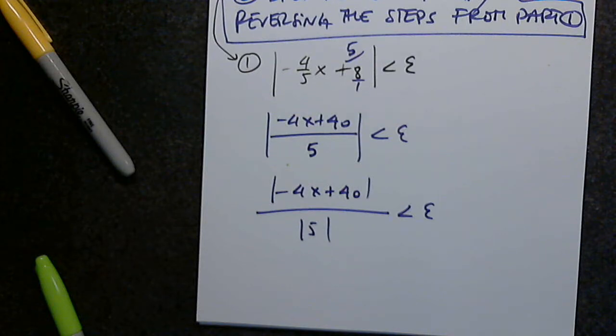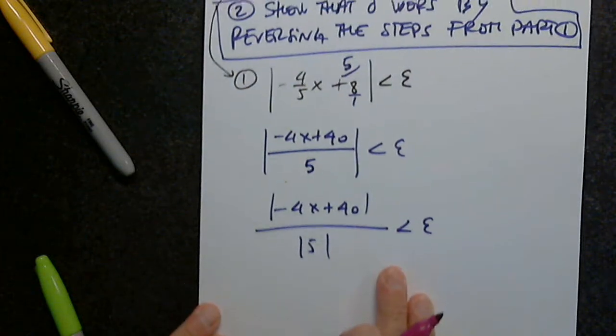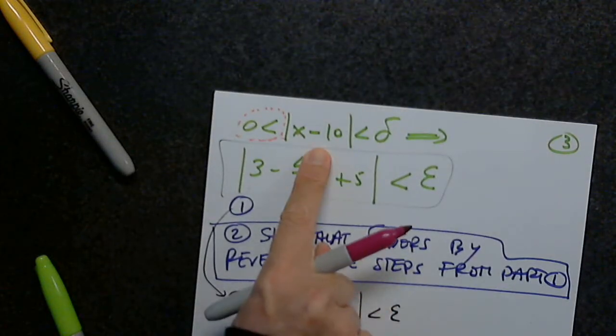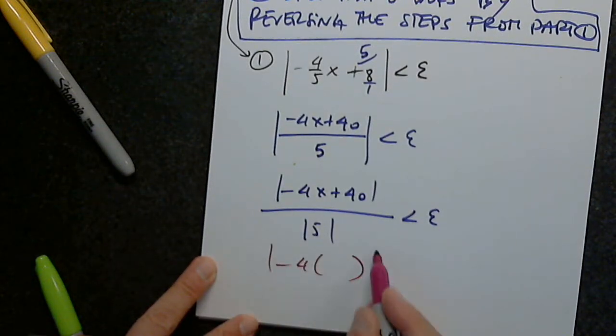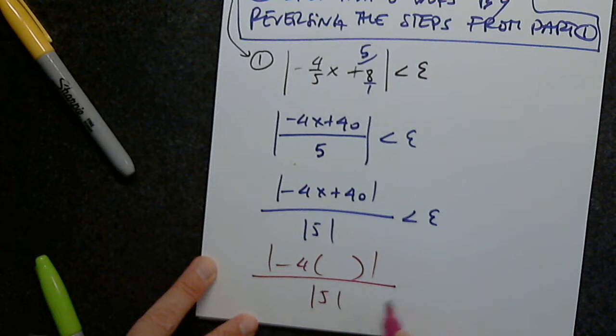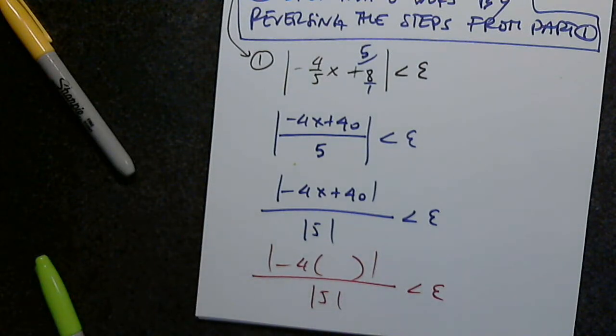We do what at the top? Factor out negative 4, because remember, I'm after x minus 10. So negative 4 in parentheses. Do not take it out of the absolute value yet. We cannot do that just yet. In parentheses.